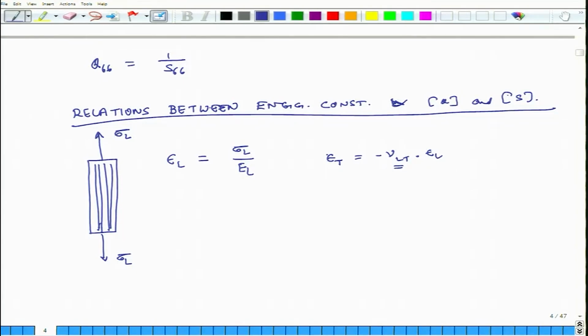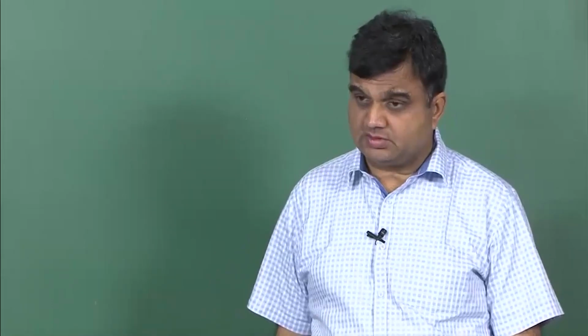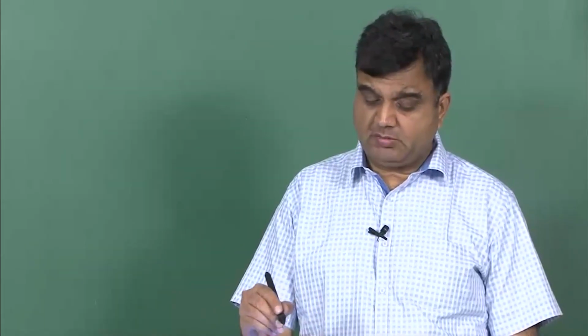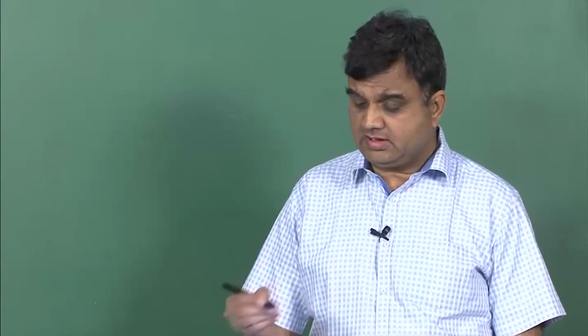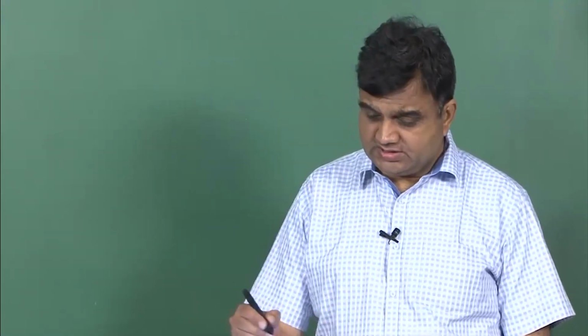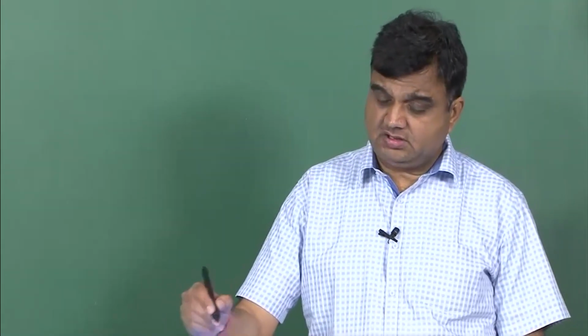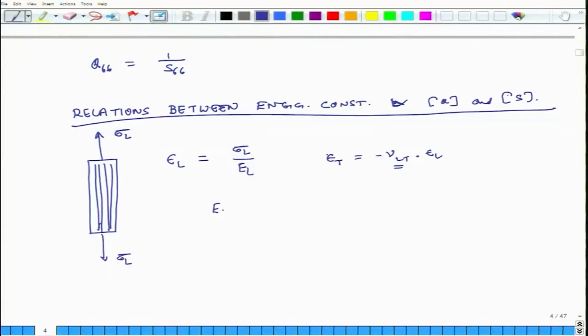Similarly, if you test this specimen in the transverse direction, you can calculate its ET and nu TL and so on and so forth. And then if you test the specimen by applying only a pure shear load, then you can calculate its GLT. So the point is, by making some simple engineering experiments, we can experimentally find out EL, ET, nu LT, nu TL and GLT, and these two constants are related.